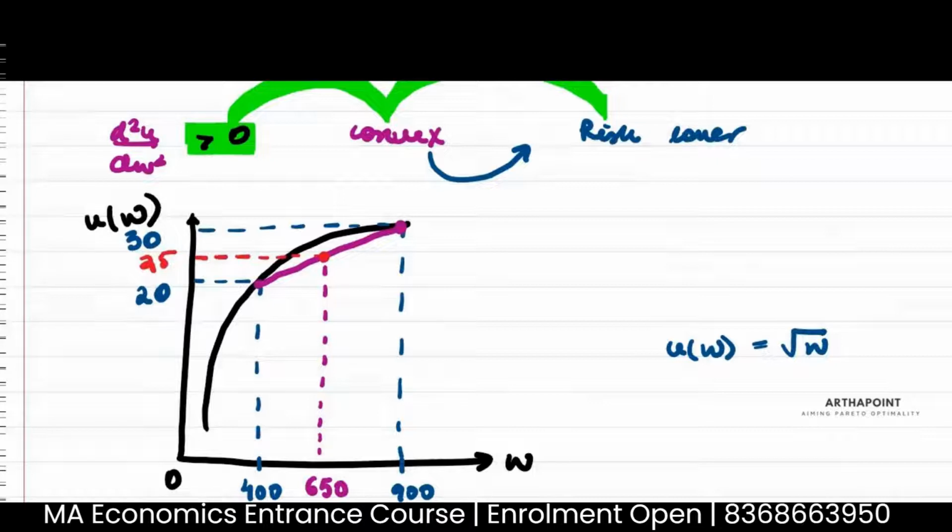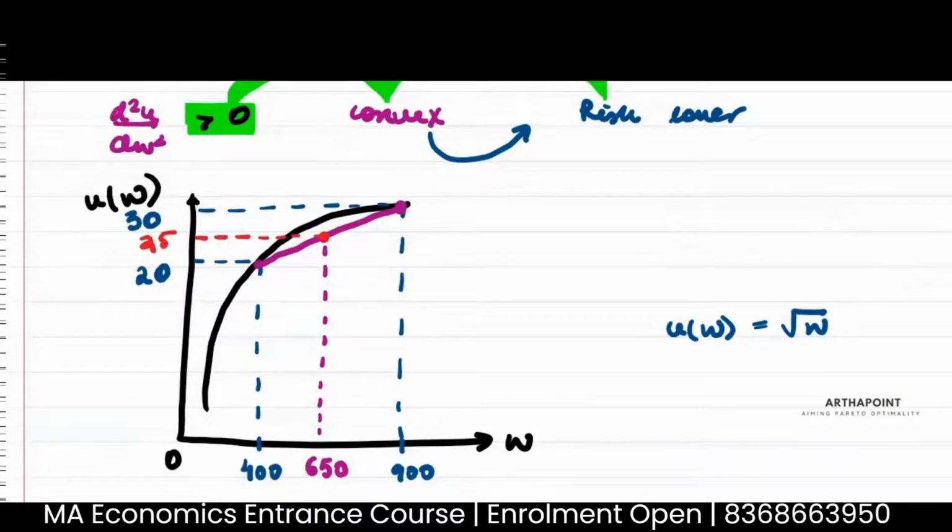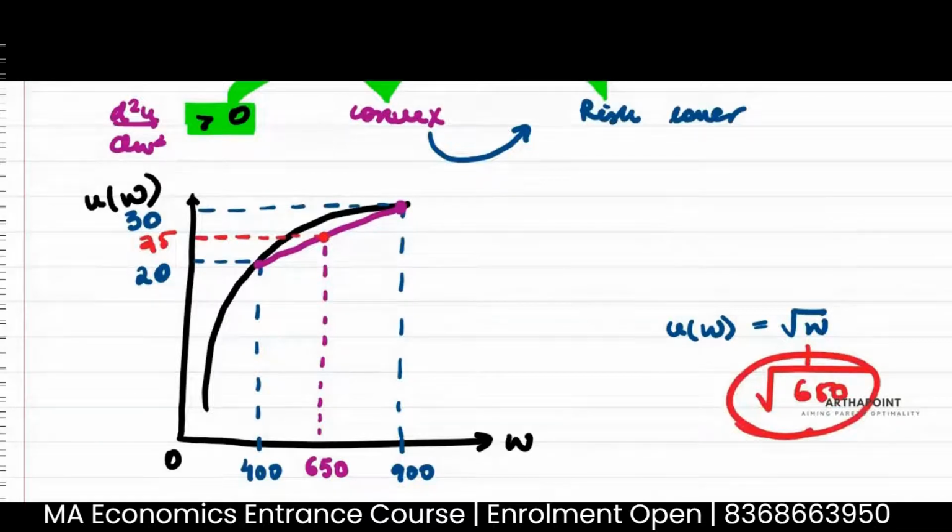Please don't make this mistake of finding expected utility by just putting 650 in this and finding the square root. Don't do that. If I do this, it means I'm getting 650 with certainty, because then I'm taking it to this black curve.